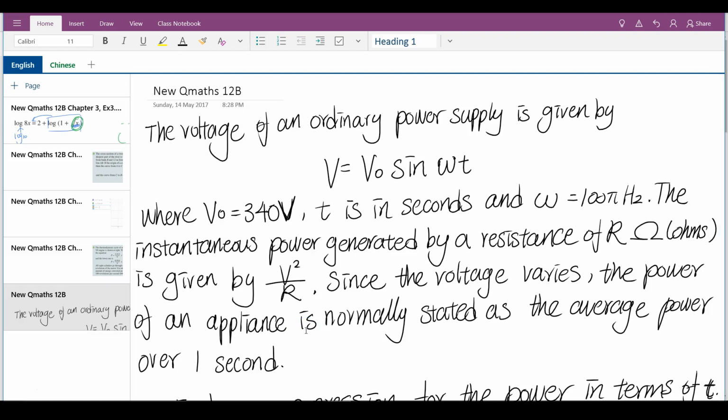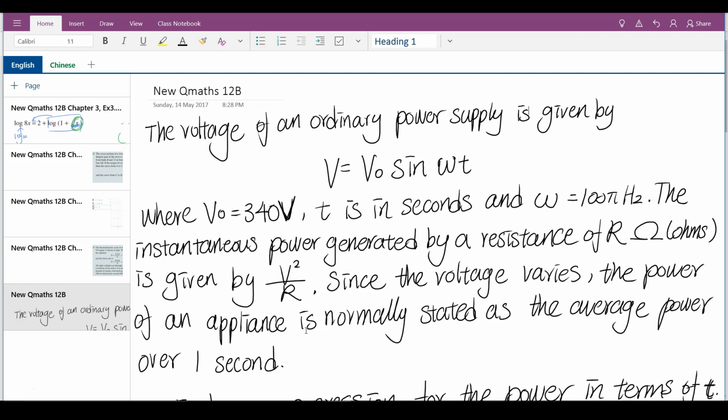Okay, so it's a modeling question. The voltage of an ordinary power supply is given by V equal to V0 sin(ωt). Now, I don't think that's a W; I think that's a particular Greek symbol. I couldn't remember it right now. If you know, please leave a comment. Where V0 is equal to 340 volts, t is in seconds, and ω is equal to 100π hertz.